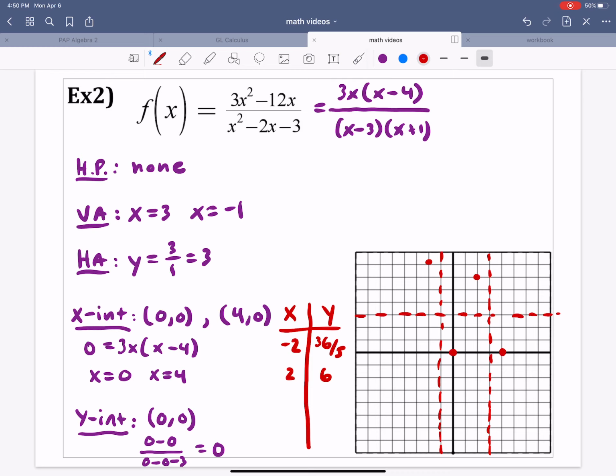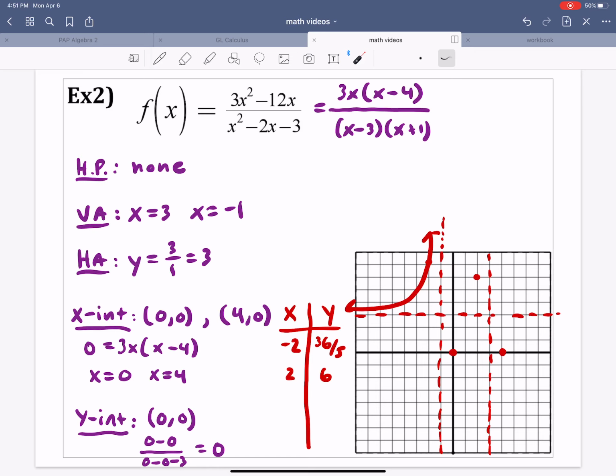Okay? So that's a very interesting situation here. So let's start with this outside far left branch. Far left branch we know is going to look like this. Remember that those ends of the branches are drawn to the asymptote like a magnet. Now, from 8.4 part 1, I also showed you that as a function approaches an asymptote from different sides, one arrow is going to go up and one arrow is going to go down.